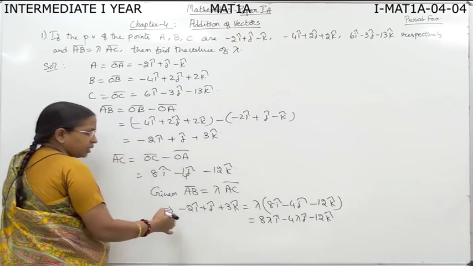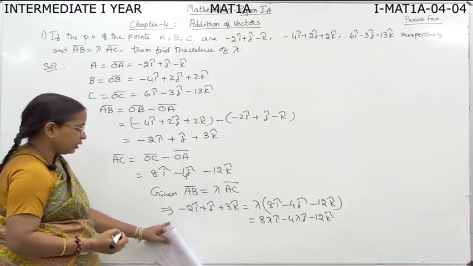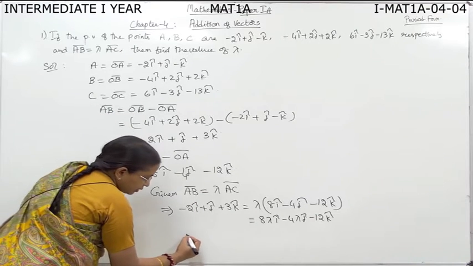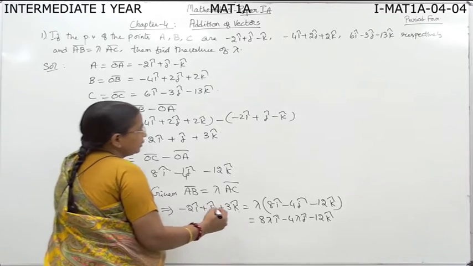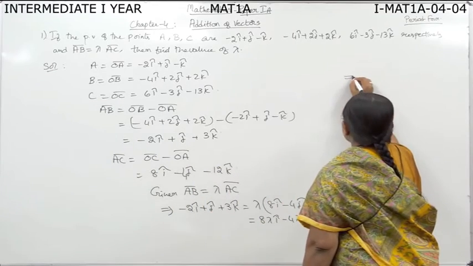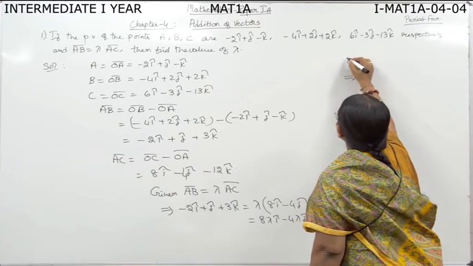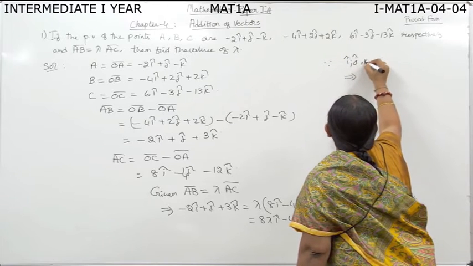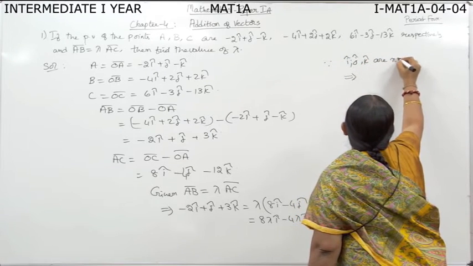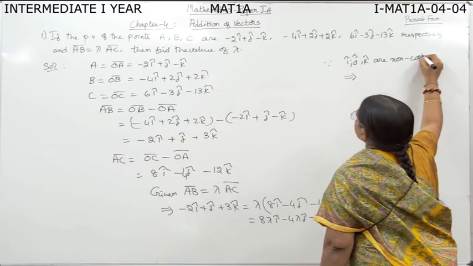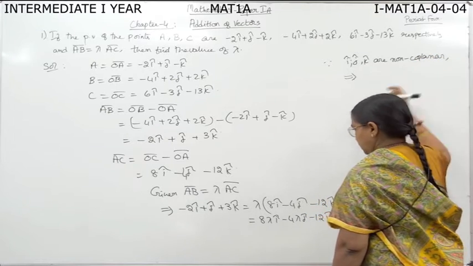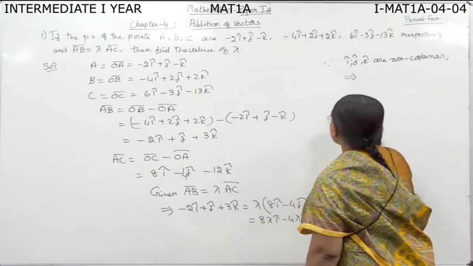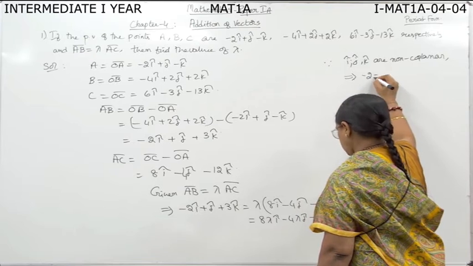Now since i, j, k are non-coplanar, you can equate the coefficients of like vectors. So minus 2 is equal to 8 lambda.